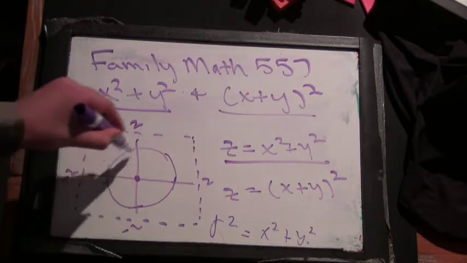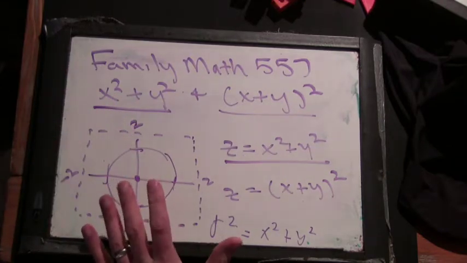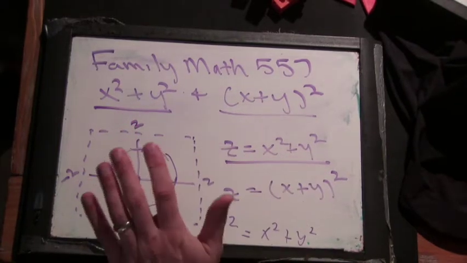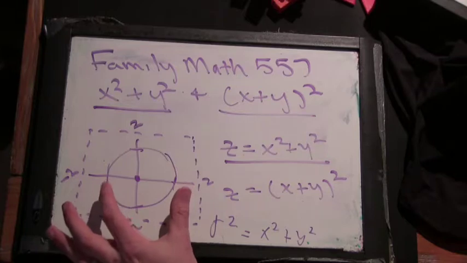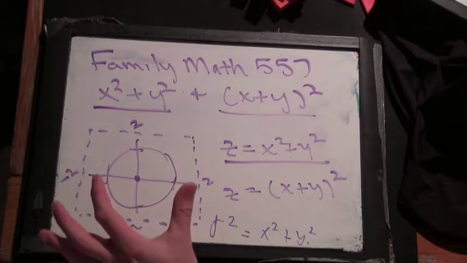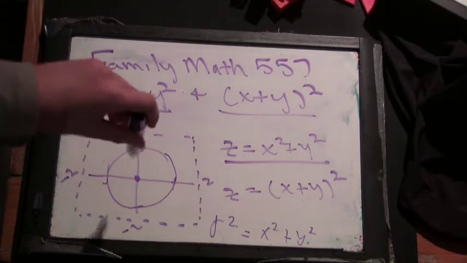If we were smashing our z equals x squared plus y squared graph down, the circle would be part of the graph. But instead, in 3 dimensions, it's going to be up. How high up is it going to be? In this case it's going to be 1 up.